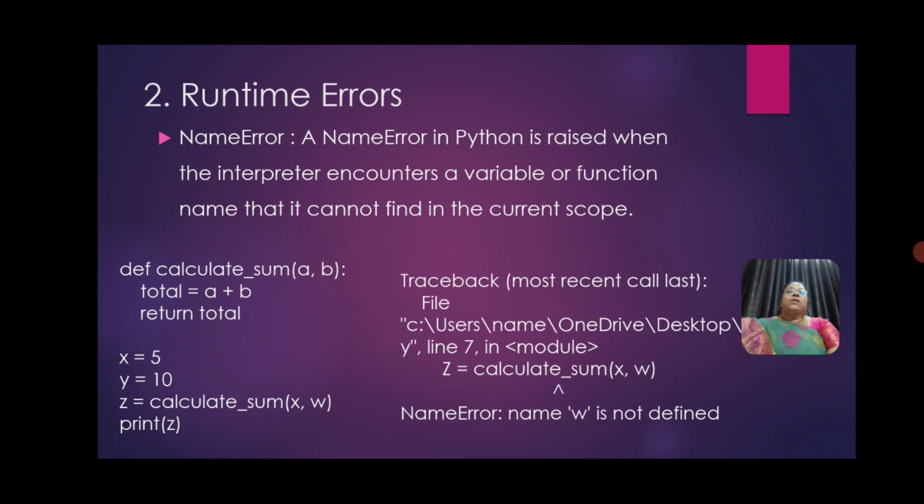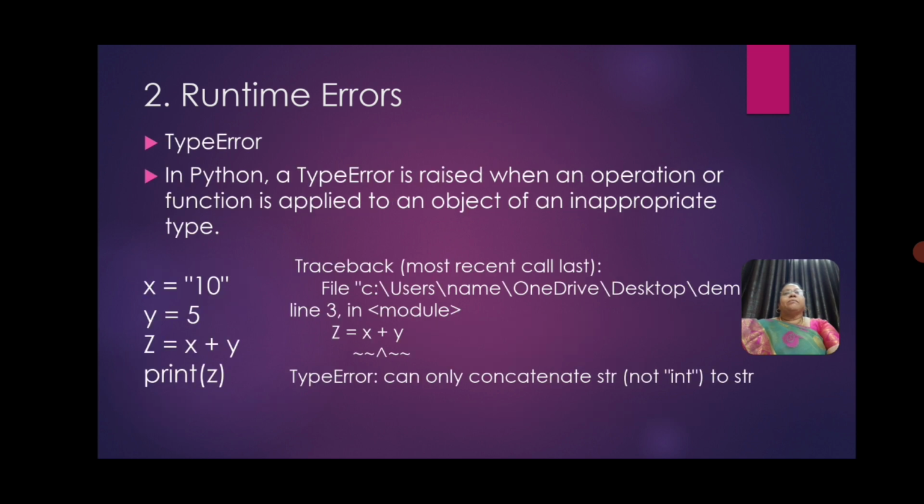And x = 5, y = 10, z = calculate_sum(x, w), print(z). Here we have calculate_sum(x, w), where x has been defined but w is not defined. This is called a name error.